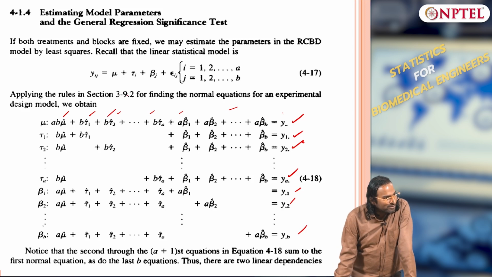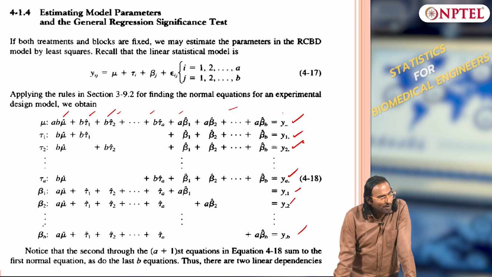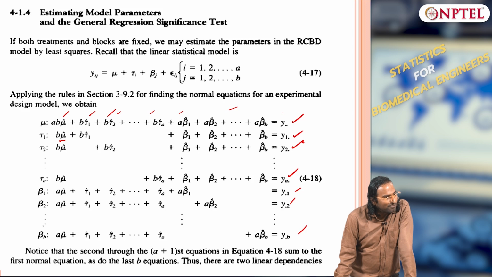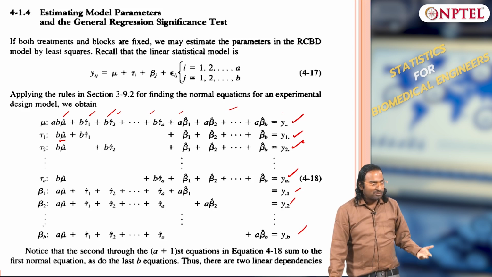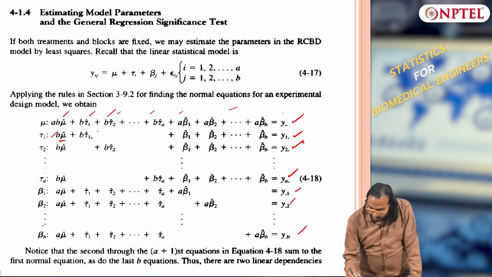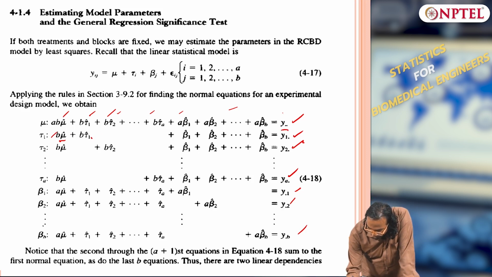The second equation is the equation governing tau 1. How many times will mu hat occur for tau 1? Only b times, the number of columns. And tau 1 hat: remember this is the right hand side, y1 dot. In y1 dot, how many times will mu appear? B times.